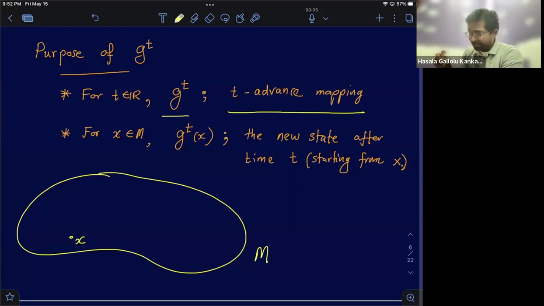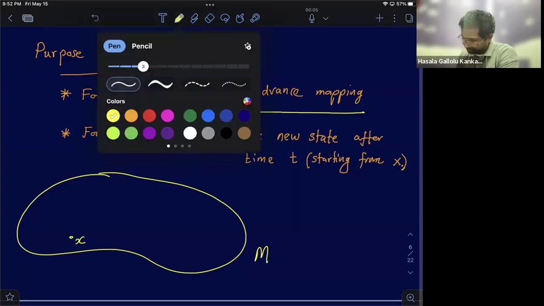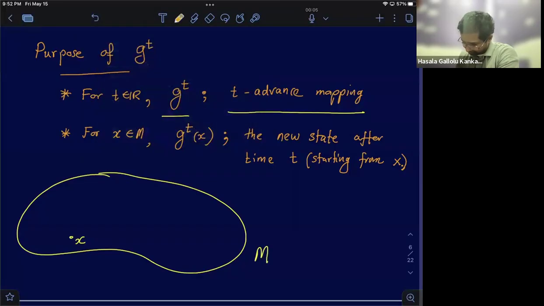So we have dynamics based on these elements. We start from a certain point, and then if we apply GT, let's use a different color. So I'm applying GT. Of course, it's going to be T advanced mapping.